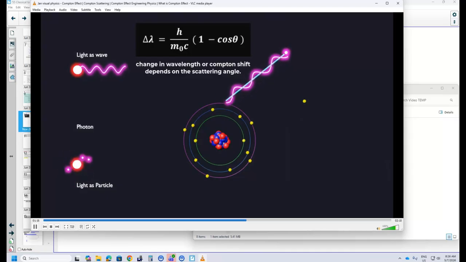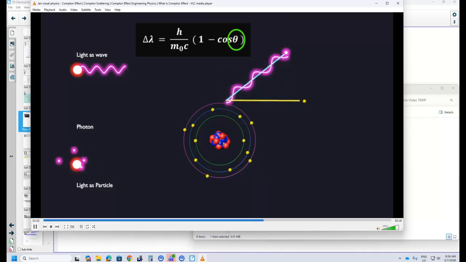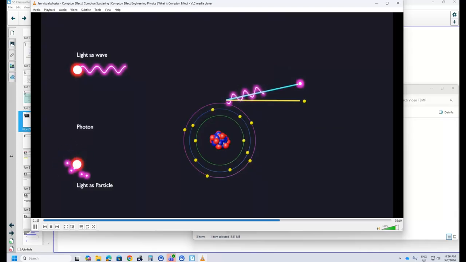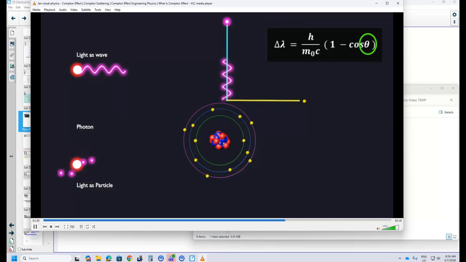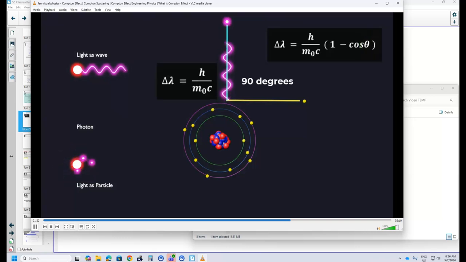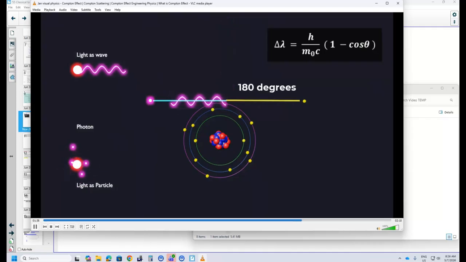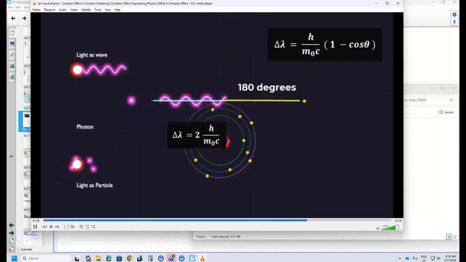The change in wavelength depends on the scattering angle at which the scattered photon is observed. For small angles, the change in wavelength is relatively small. As the scattering angle increases, the Compton shift also increases. When the scattering angle is 180 degrees, the maximum Compton shift occurs.